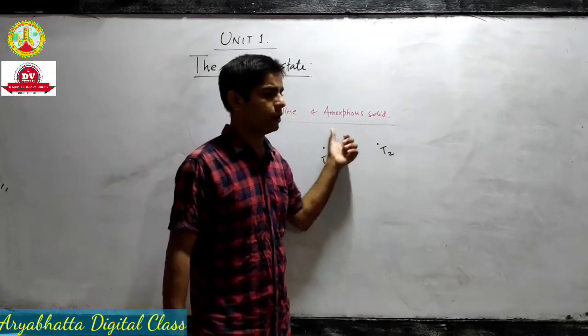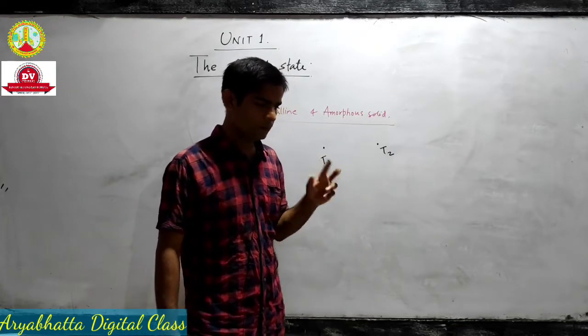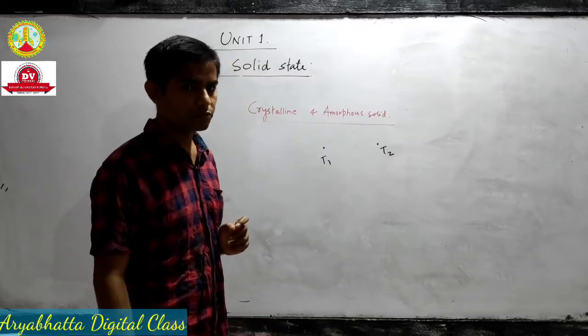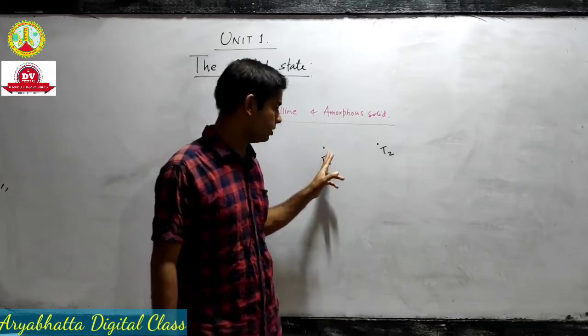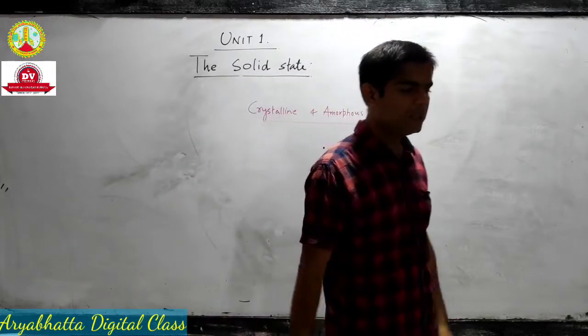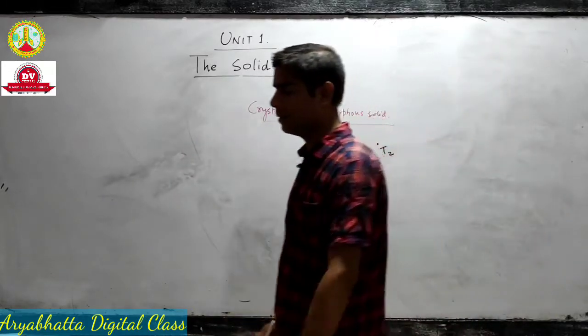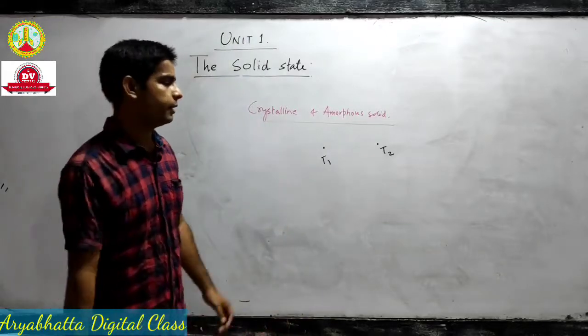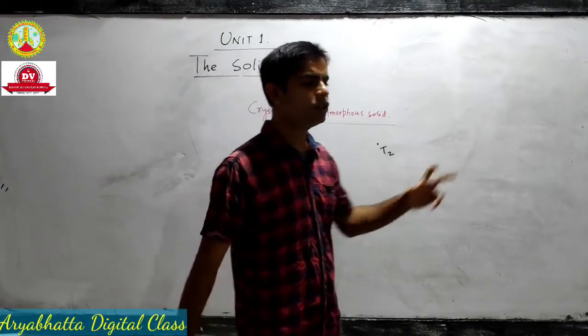So these kinds of solids have a very special use. Just because they have a range for their melting temperature, they can be used for special purposes. Plastic is an amorphous solid, and plastic has a range for its melting point.